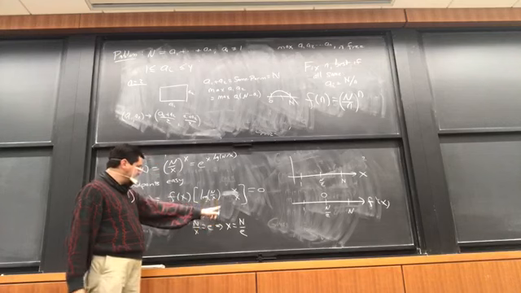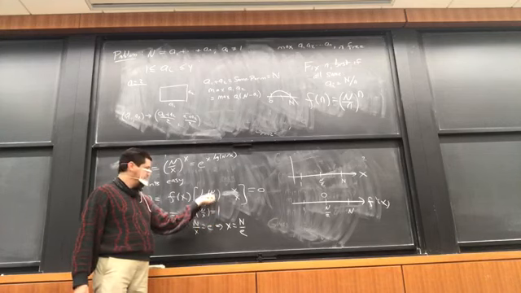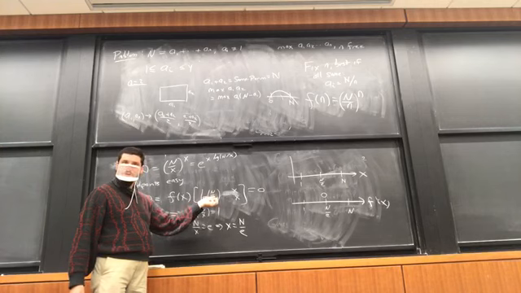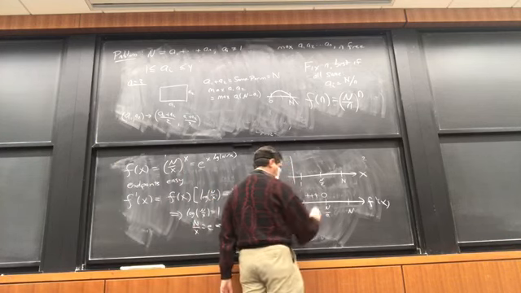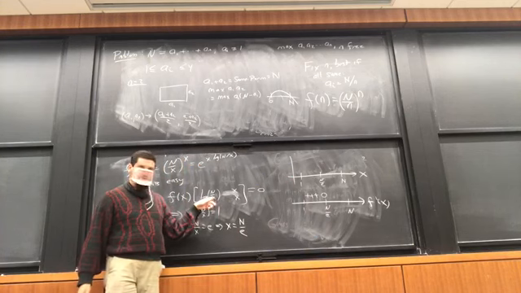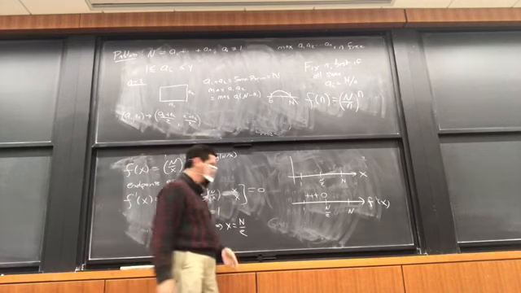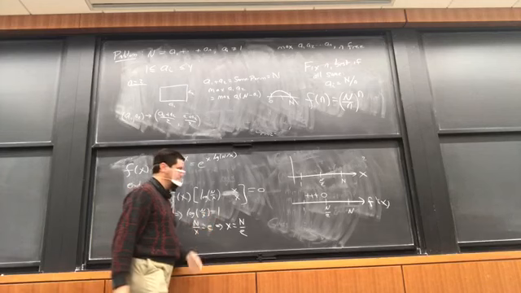If x is less than n over e, then this number here is the log of something greater than e, so it's going to be positive. When x is greater than n over e, this is the log of something less than e. Its logarithm, when we subtract 1, is going to be negative.